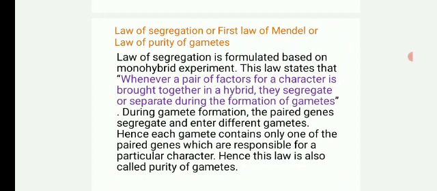That is, the paired genes separate and enter different gametes. Hence, each gamete contains only one of the paired genes responsible for a particular character. Hence, this law is also called purity of gametes.